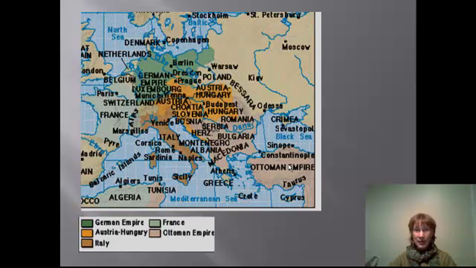One of the reasons is that many of those countries are very interested in taking the land after the disintegration of the Ottoman Empire.